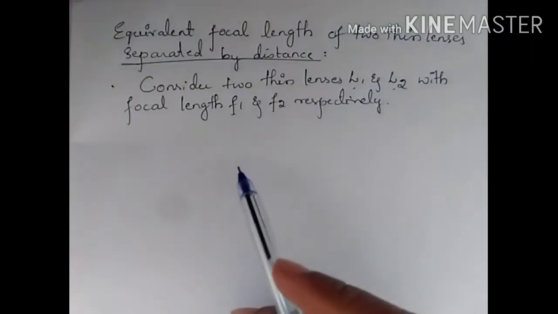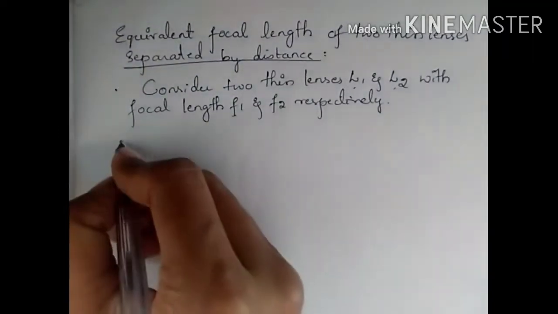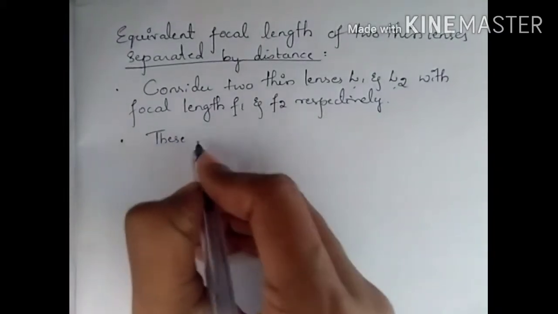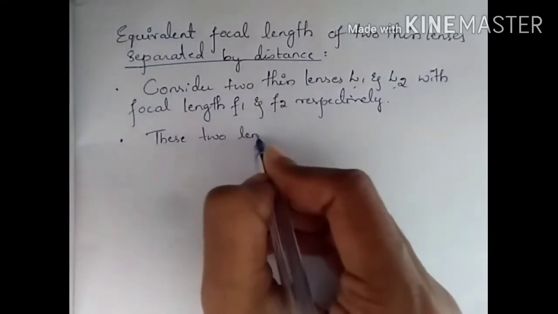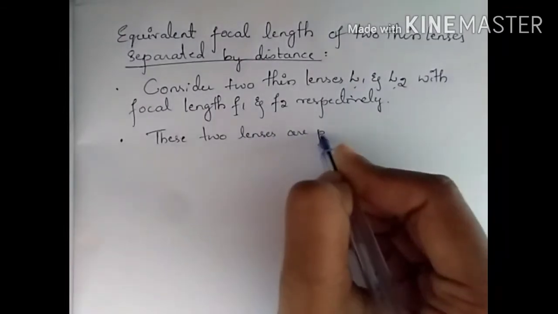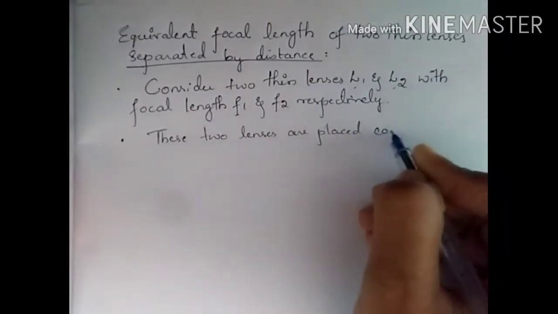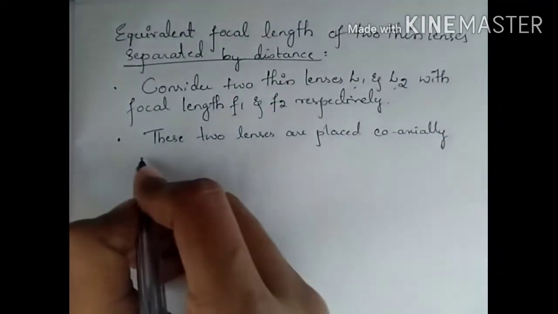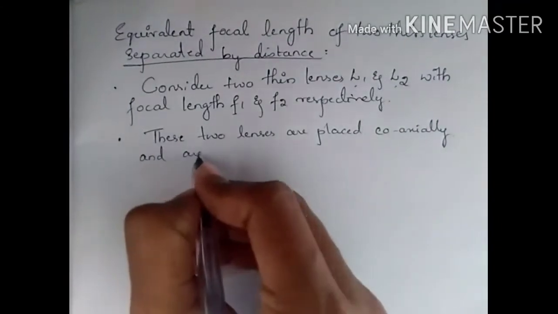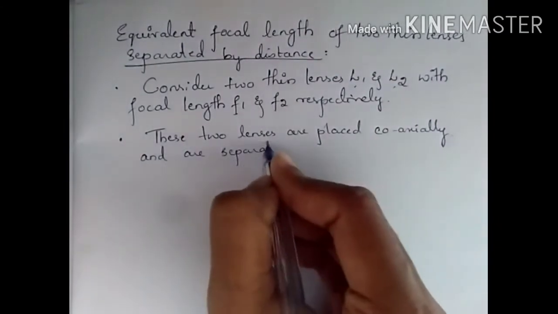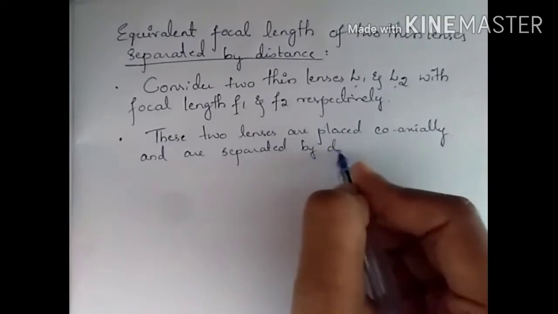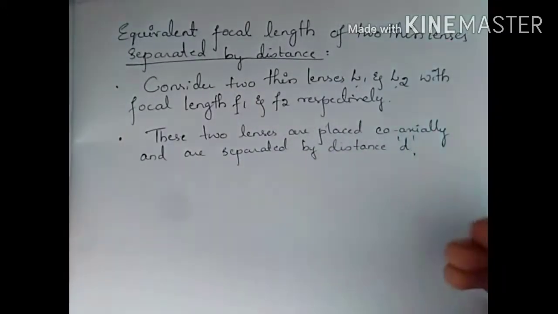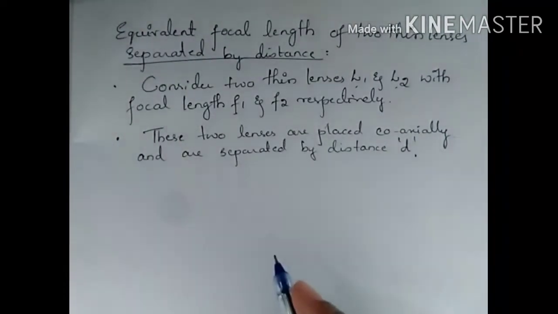These two lenses are placed coaxially and are separated by distance d. So the separation distance is d.